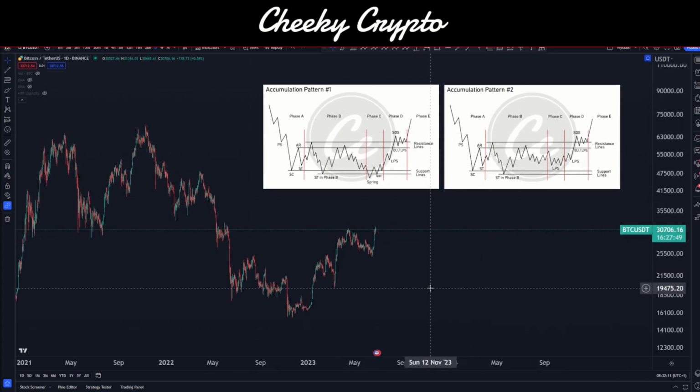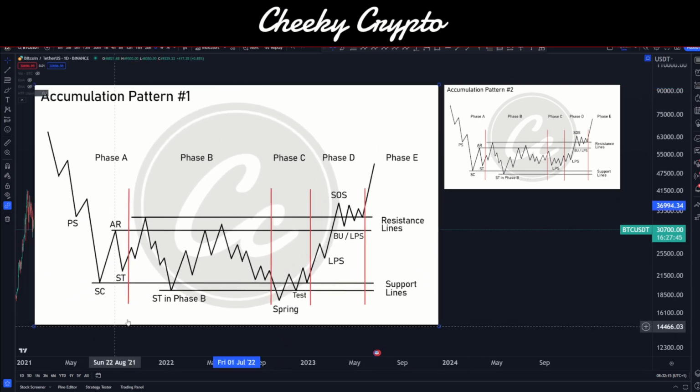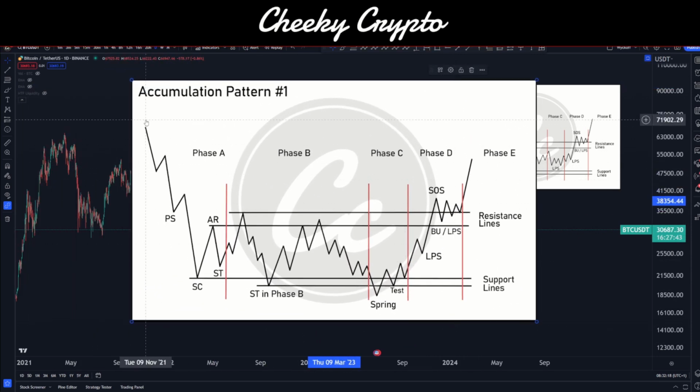Okay, so now we have an idea. We've got the Wyckoff accumulation pattern. What is it that we look for? Well, let me make this a little bit bigger so you can be more familiar. We can see that we have this move to the downside. We have the preliminary support to be found just at the top here. We can come back down to the selling climax, an automatic rally. Then we have a secondary test in phase A. Then we move up just above the automatic rally where we find the resistance.